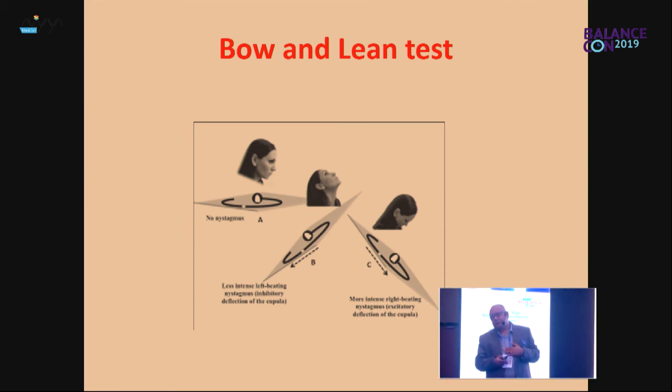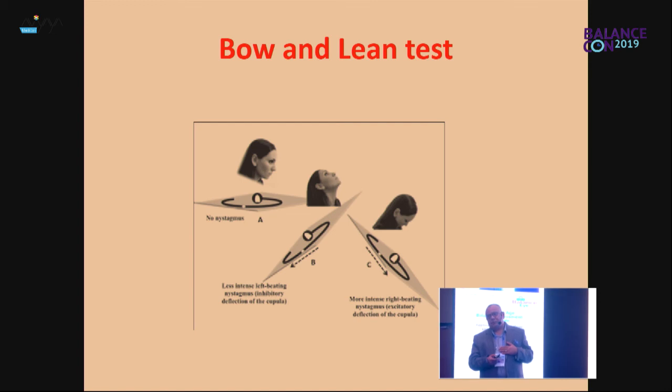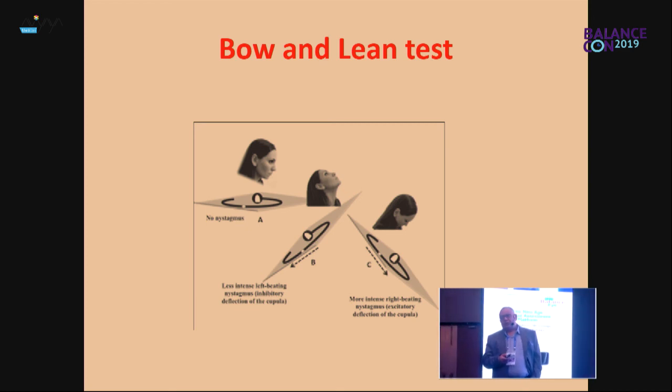Suppose it is left horizontal canal canalolithiasis, and we do the move towards the left side. The particles which were lying in the middle of the canal have now moved ampullopetally. They will induce a nystagmus which will be an excitatory nystagmus. We notice the intensity, frequency, etc. I'm talking without VNG, let it be without VNG, or even with VNG.